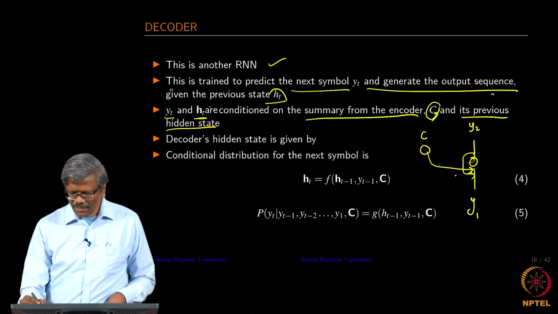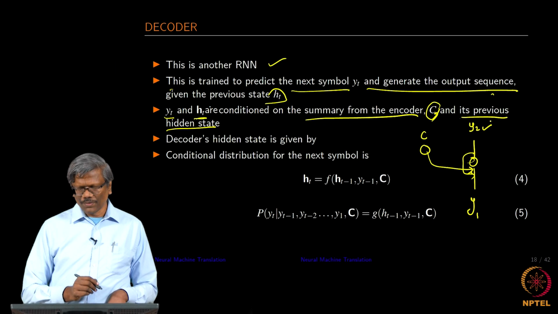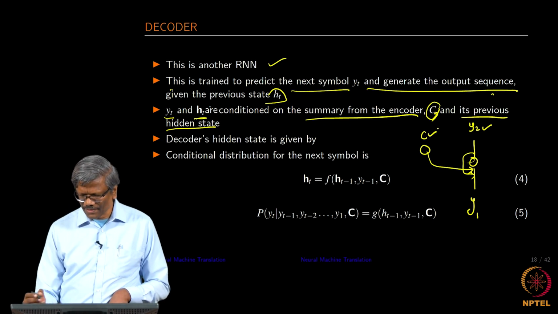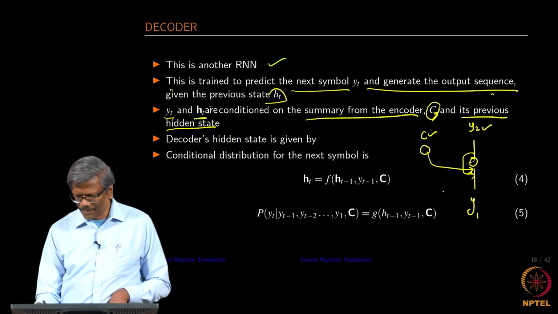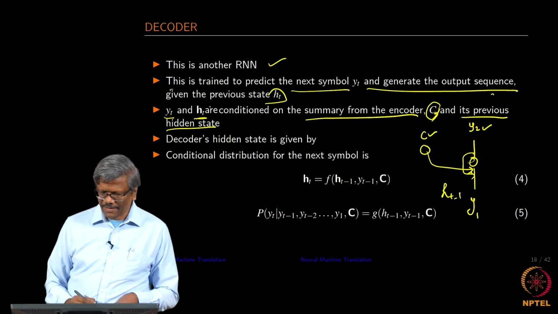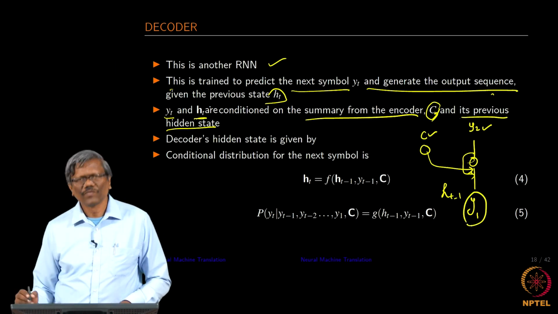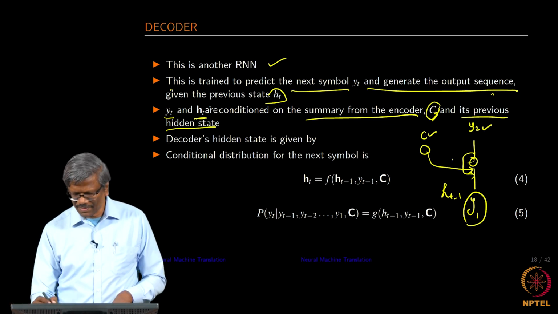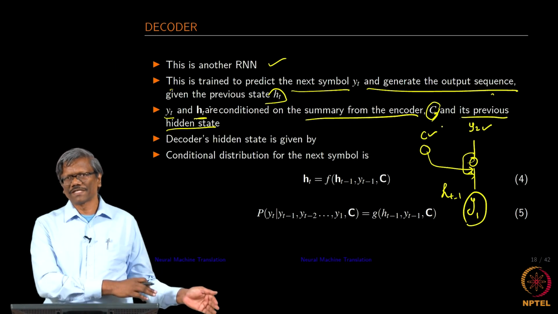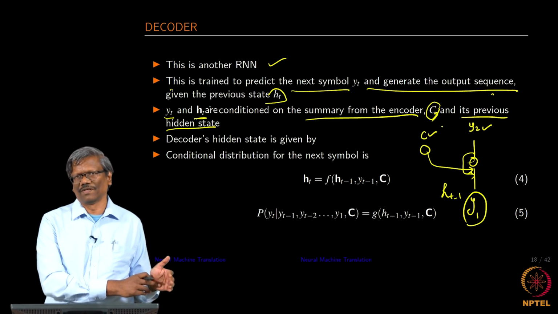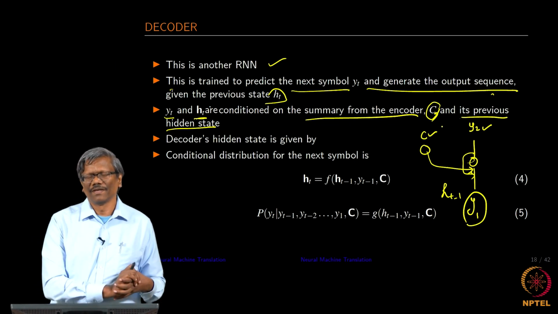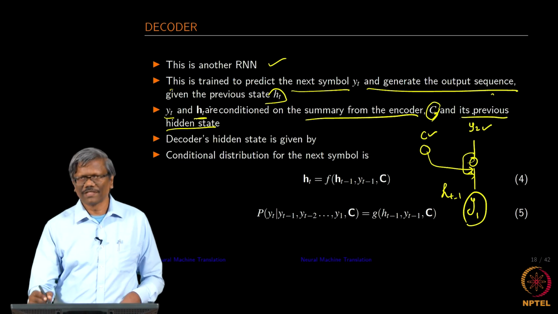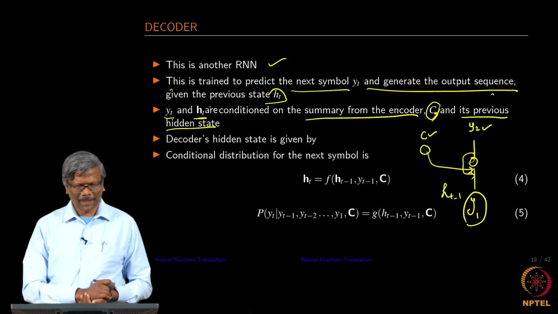So, this y2 depends on the context and then the previous hidden state of the decoder and the new input that we provide, correct. So, this now has the information about the entire sentence that we had used in the encoder, and that is what is passed along here.